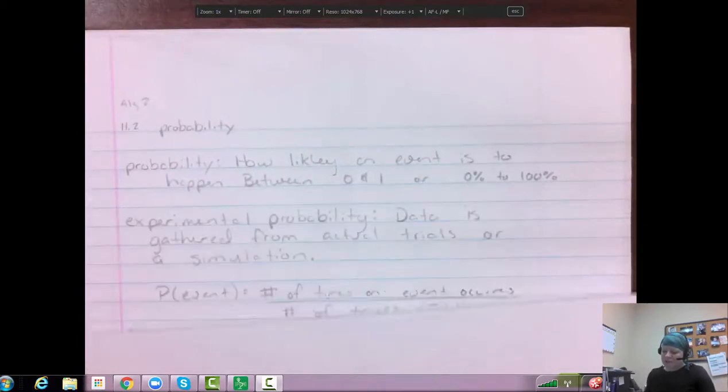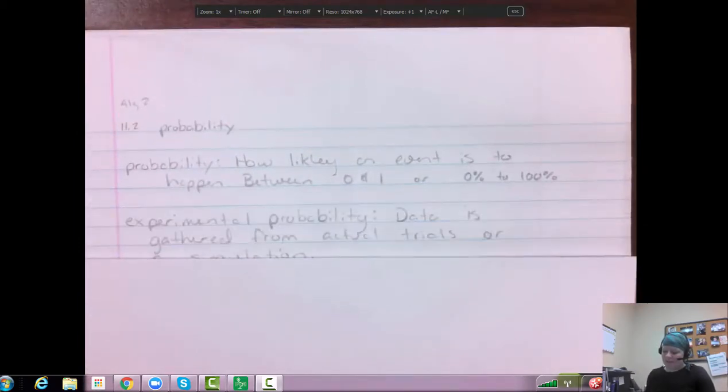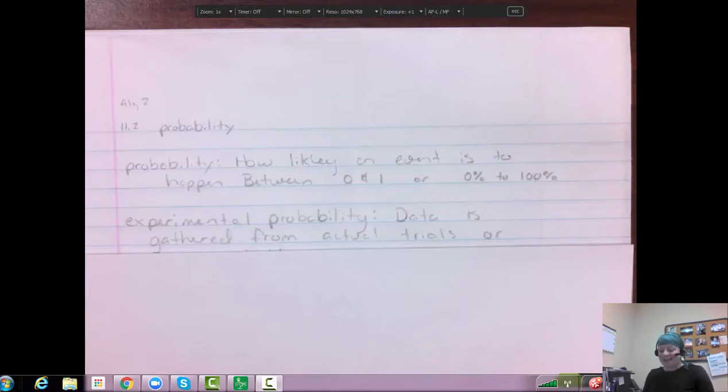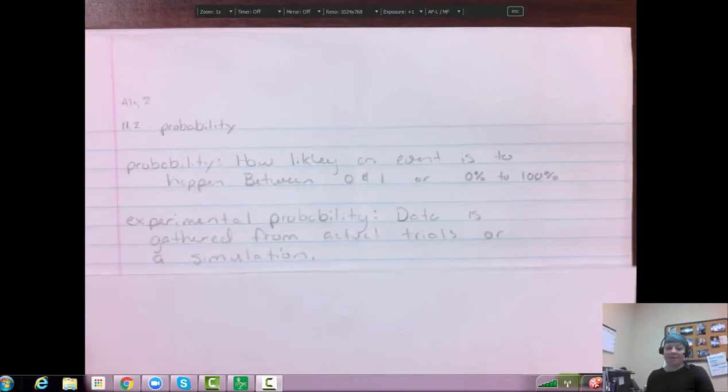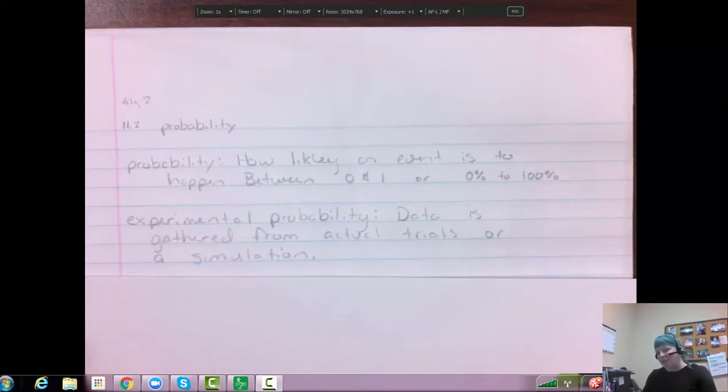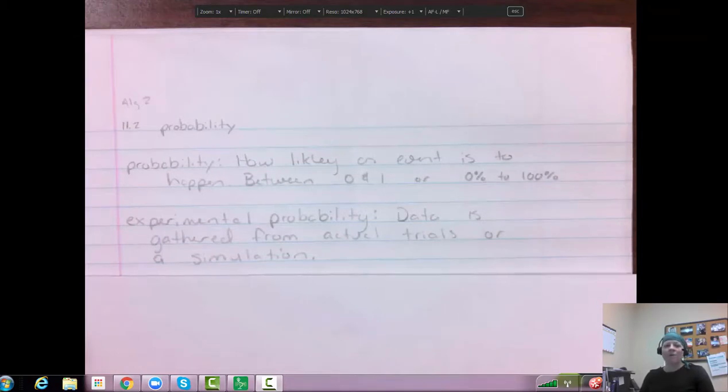So there's two types of probability that we're going to discuss, and one is experimental and one is theoretical. Experimental is you actually gather data by doing trials or a simulation and base your probability off this experiment that you did. So this could be actually flipping a coin over and over and seeing how likely it is to get a tails versus a heads.